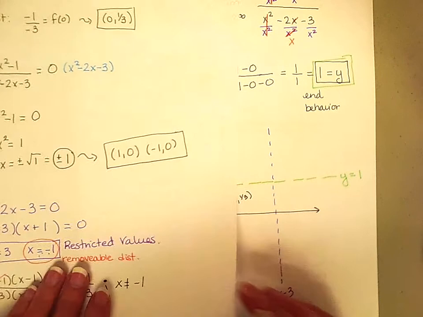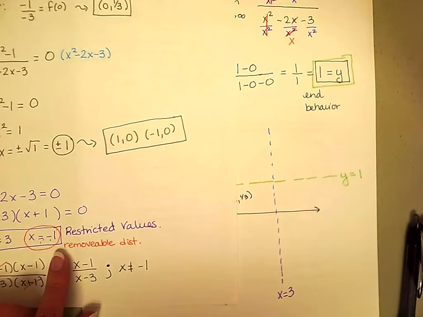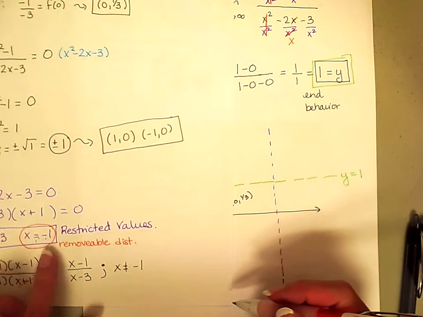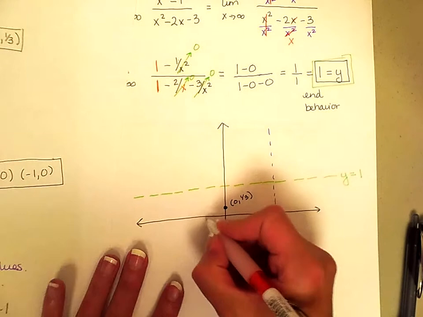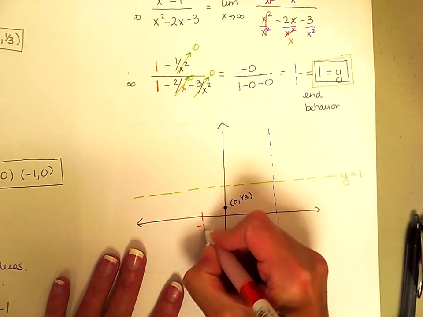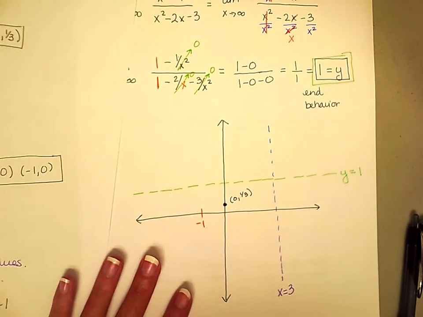And remembering from here, we have a removable discontinuity when x equals negative 1. So at this point, we're going to have some type of problem.